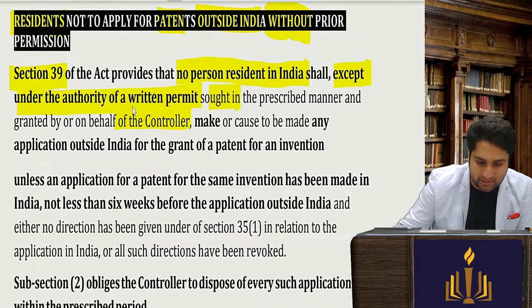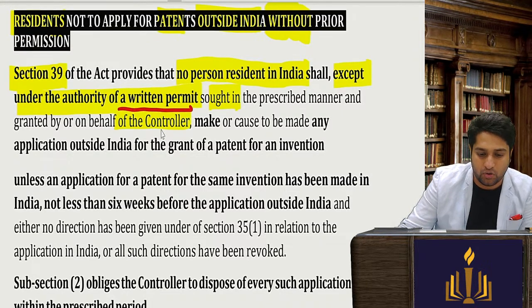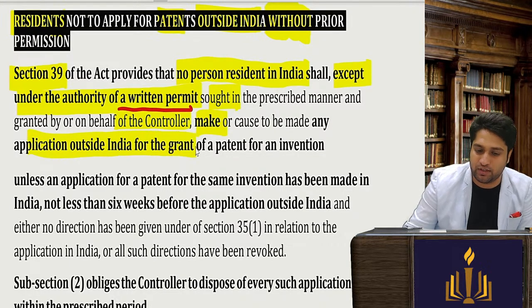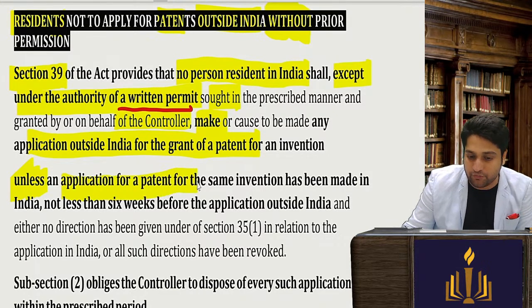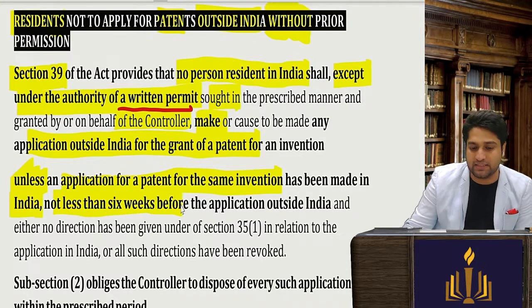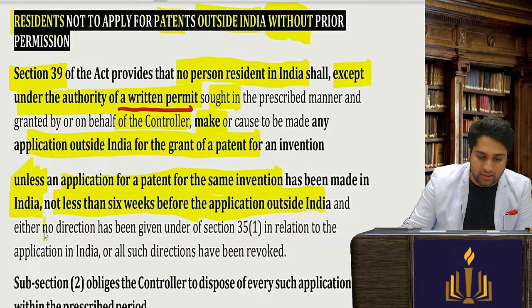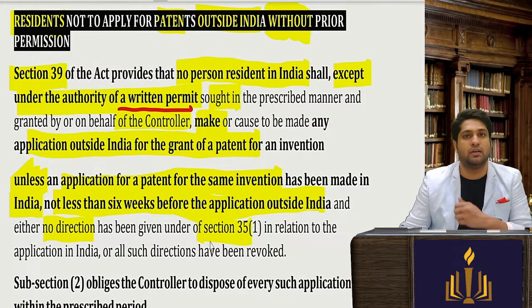So you require a written permit of the controller. Shall make any application outside India for grant of the patent, unless an application for the patent for the same invention has been made in India and not less than 6 weeks have lapsed before the application outside India, and that no direction under section 35 has been given.